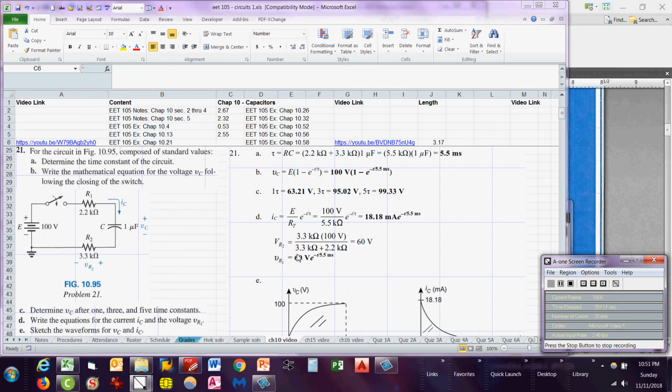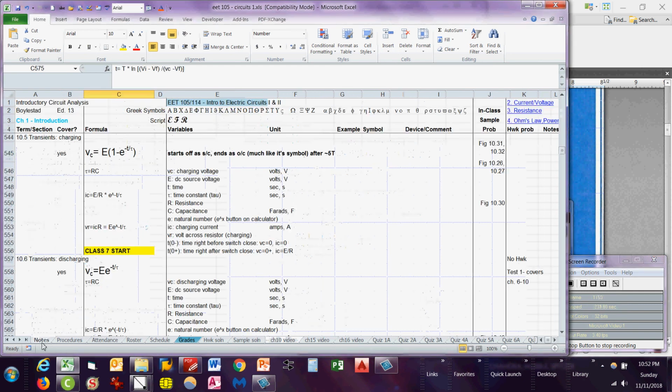VR2 is going to be a voltage divider, and it's the 3.3k times 100 divided by 3.3k plus 2.2k equals 60 volts. So that's the voltage across there, but then you have to take that and use this equation here.